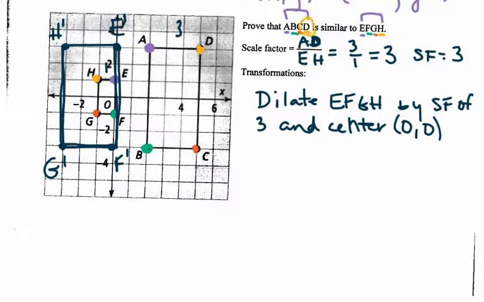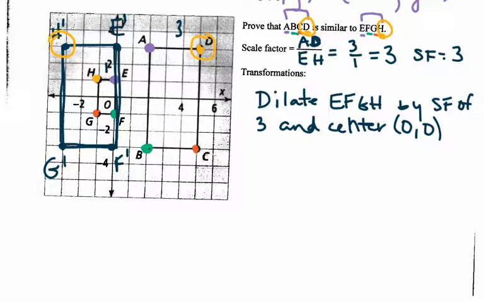Remember that D and H need to match up. So I need H prime, which is right here, to go on top of D. And the only way that will happen is if I reflect it over a line. So the line that I need to reflect it over is right in between.